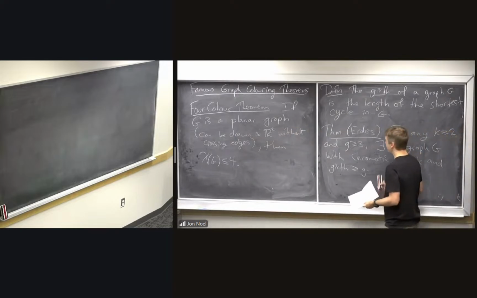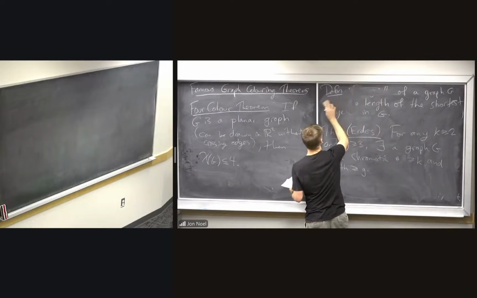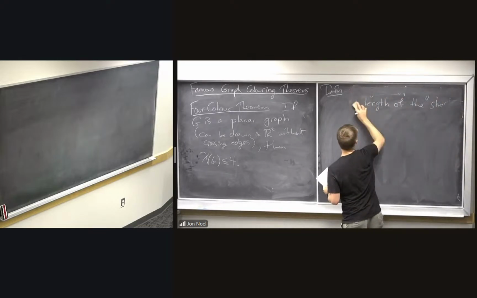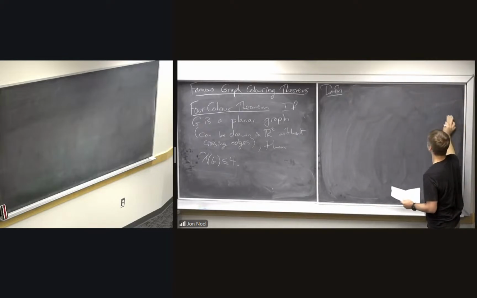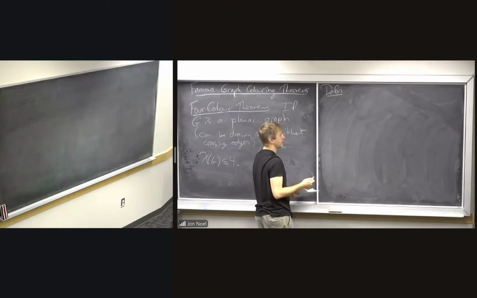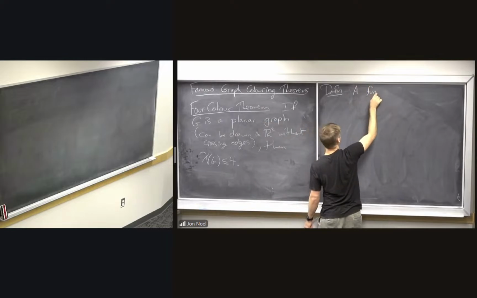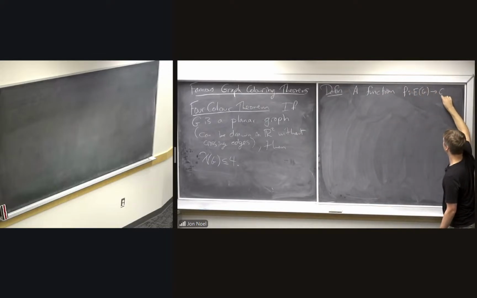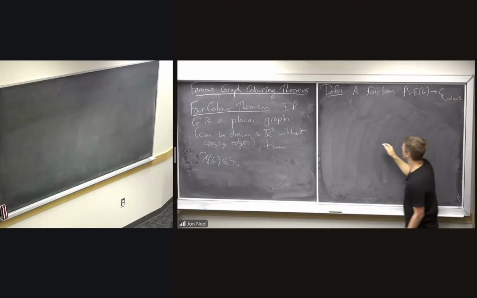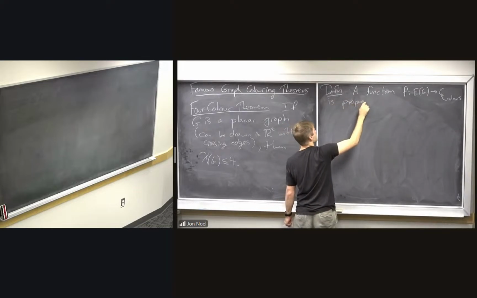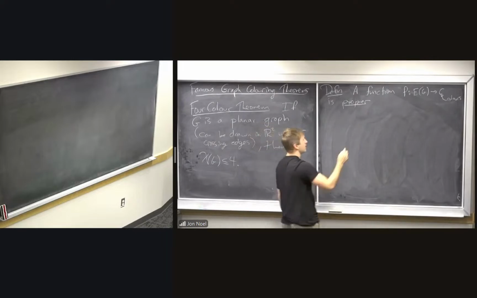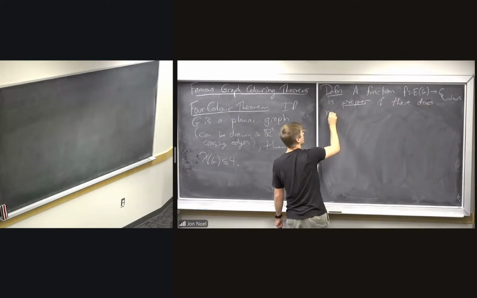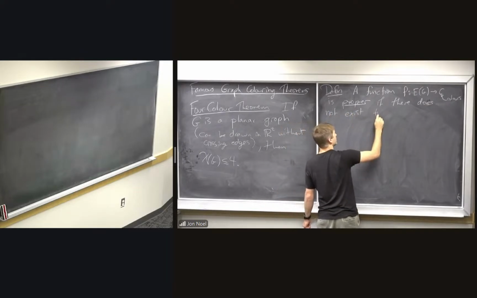Okay, so let's talk about edge coloring. A function f from the edges of a graph G to a set C, let's say C is a set of colors, is proper if there does not exist two edges of the same color.